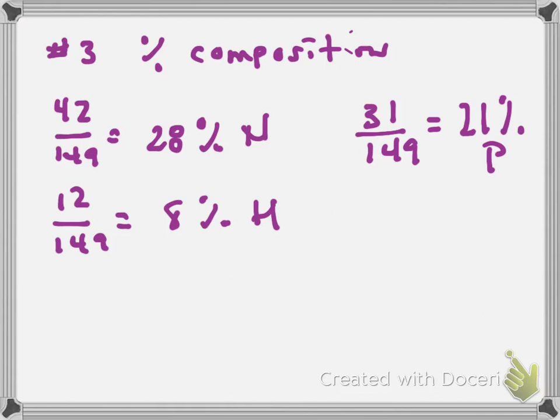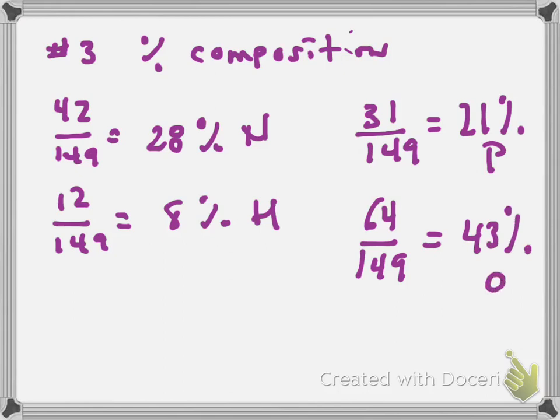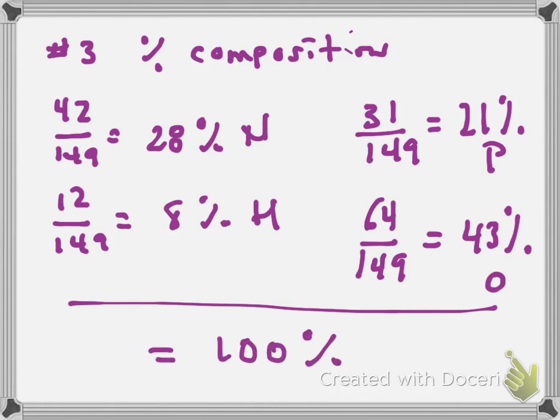And we have 64 over 149, again times 100 if you're following that kind of thing. I'm doing the quick version here. That's 43% oxygen. Again, all those numbers should add up to about 100%. That's all you have to do for question 3.